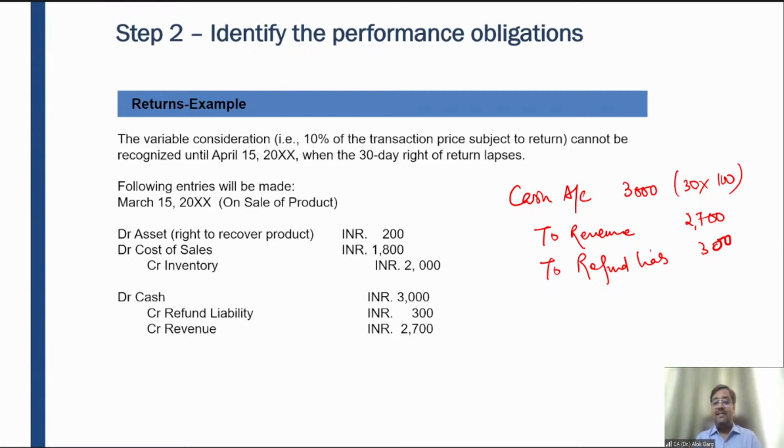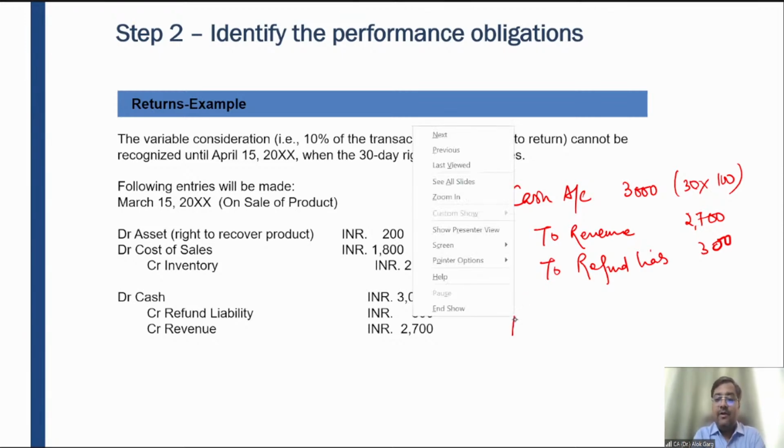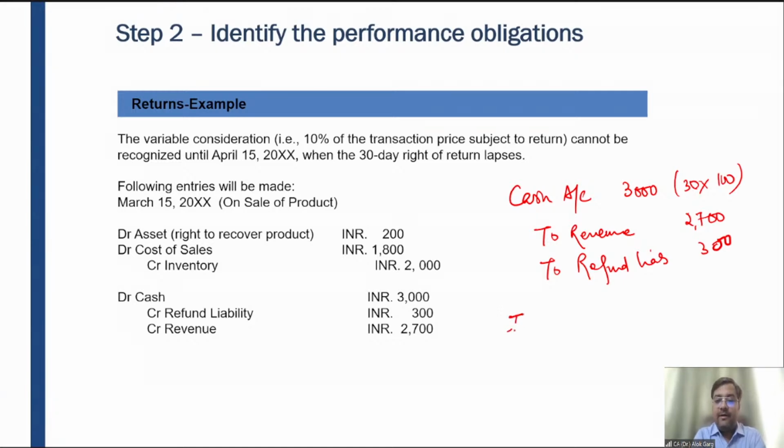So friends, in this case, what will you do? Second entry you will make: asset account debit, inventory account debit, or let's say right to receive inventory account debit. By how much? If you have sold 100 units, 10% you are going to recover.